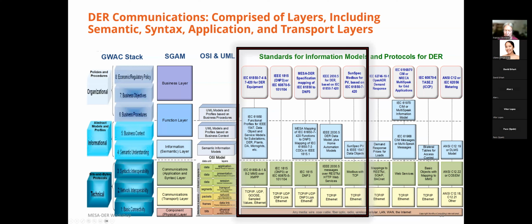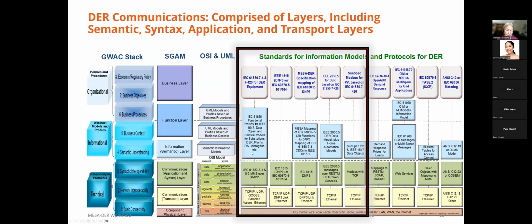Many of them, most of them use TCP/IP. And then they have what is called the application layer, or the services and syntax layer. And all protocols have that, because that's how you tell the end device what it is that you want to say. Whereas just sending it over TCP/IP just simply gets it there, but it doesn't say what it is.